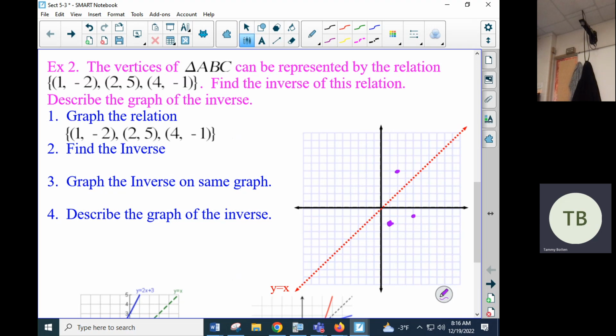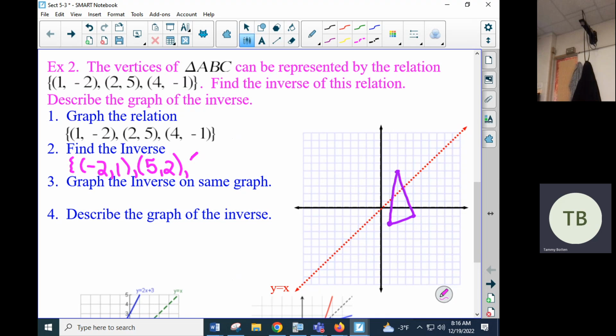Okay, so what is going to happen here when we plot these points is we're going to get a figure. Okay, then what they want us to do is find the inverse of this, which again is found just by switching the order of these, switching the X and Y, and then plot those points. So this would be -2, 1. This one would be 5, 2.